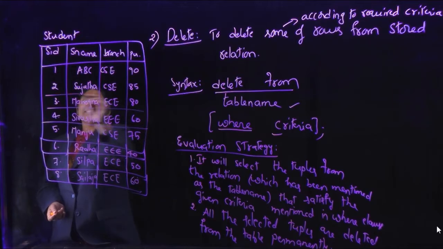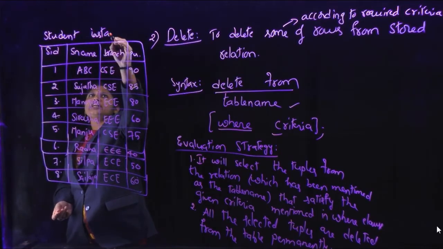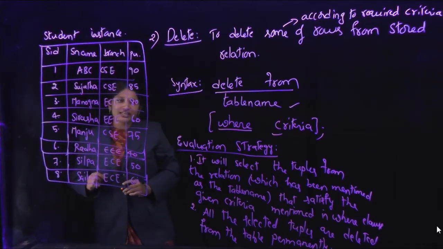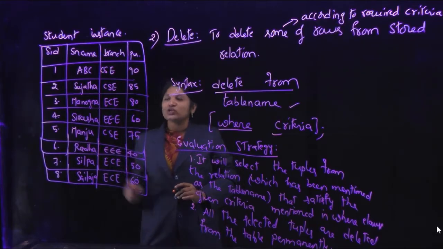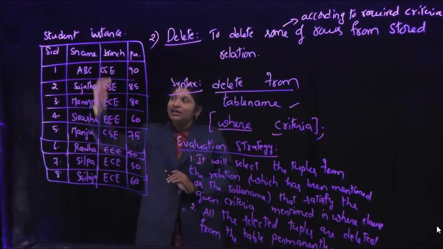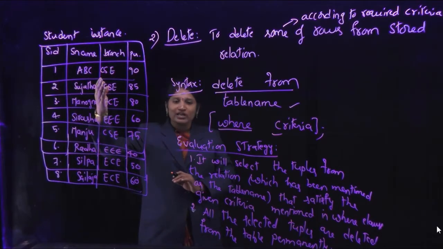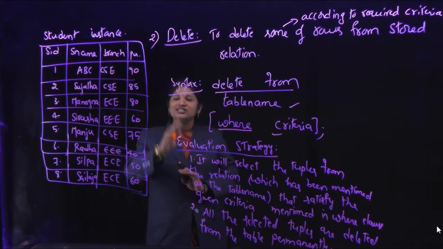This is an instance of the student table. As you already know, the instance means how many rows are available at that particular moment of time. At that point of time I have 8 tuples. The first tuple is 1 ABC CSE 90, the second tuple is 2 Sujata CSE 85.